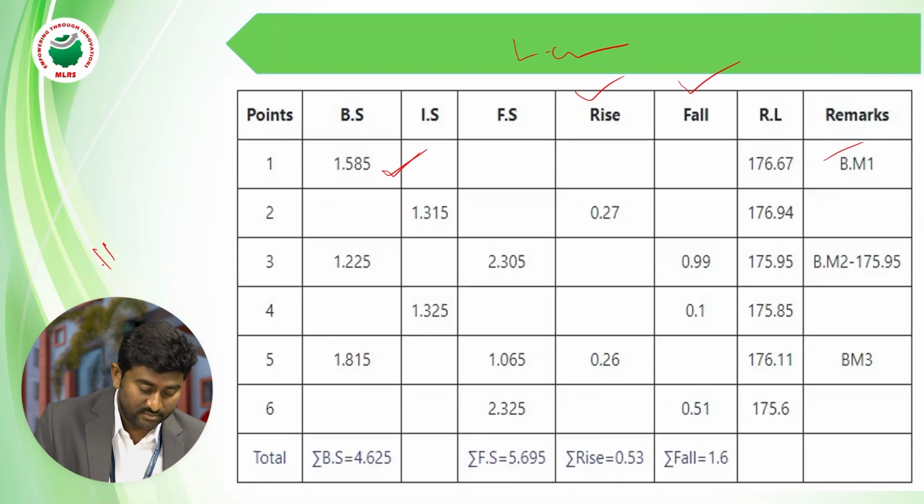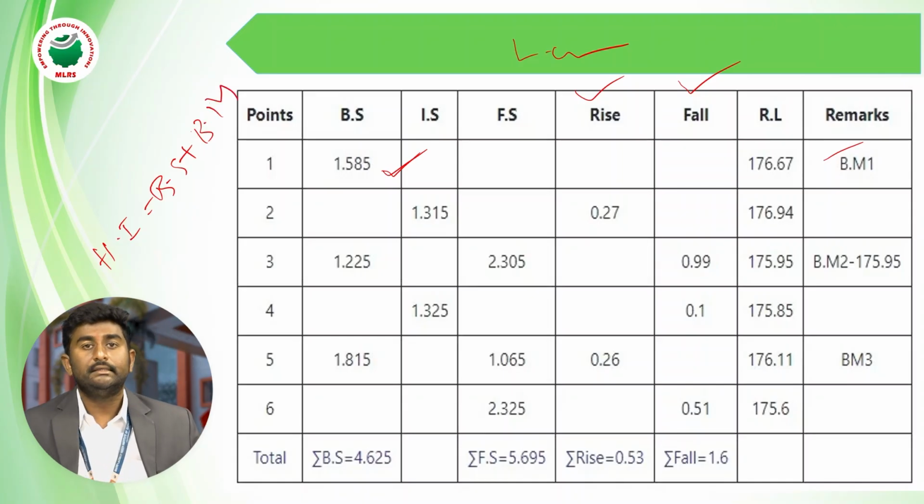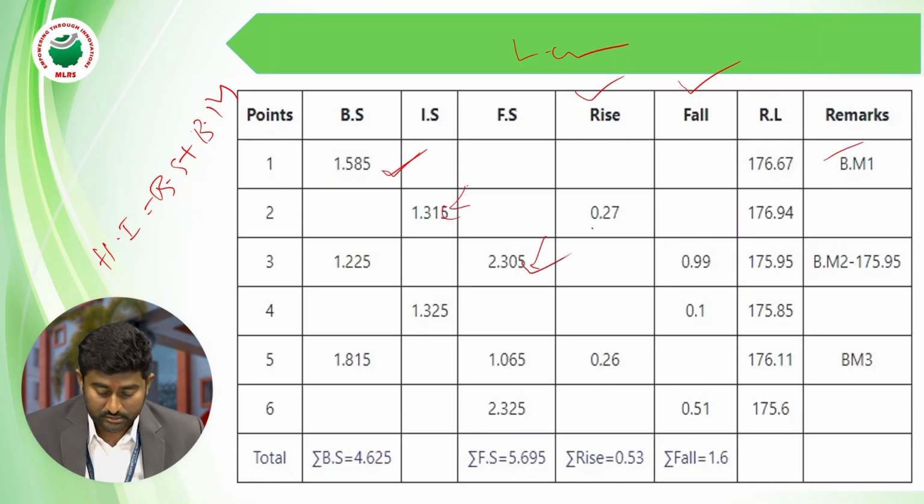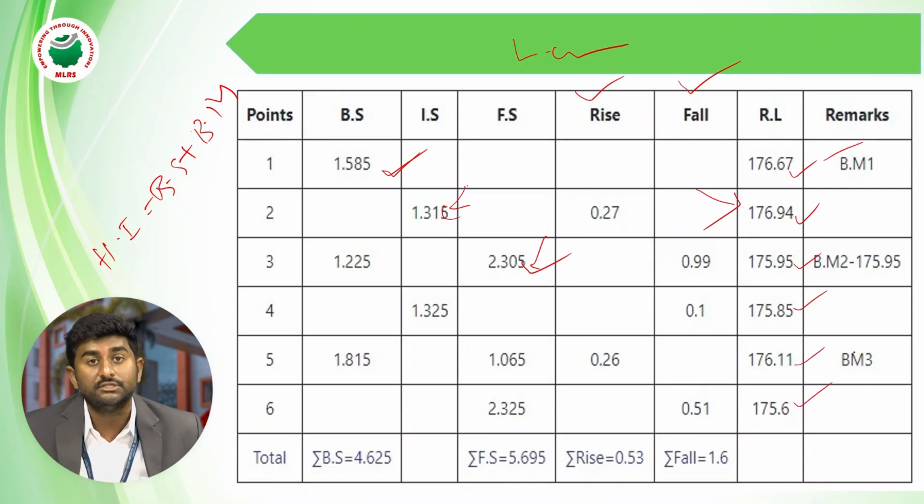Height of the instrument equals backsight plus benchmark. The height of the instrument value minus the intermediate values and foresight values, so simultaneously we can find out the reduced levels. First reduced level, second, third, fourth, last reduced level.